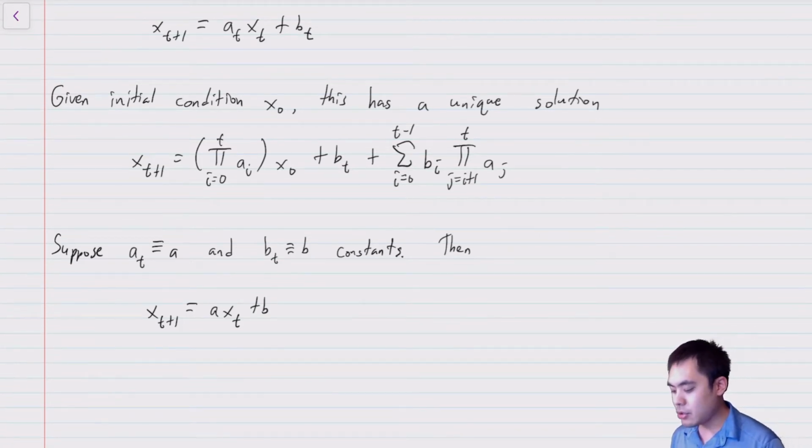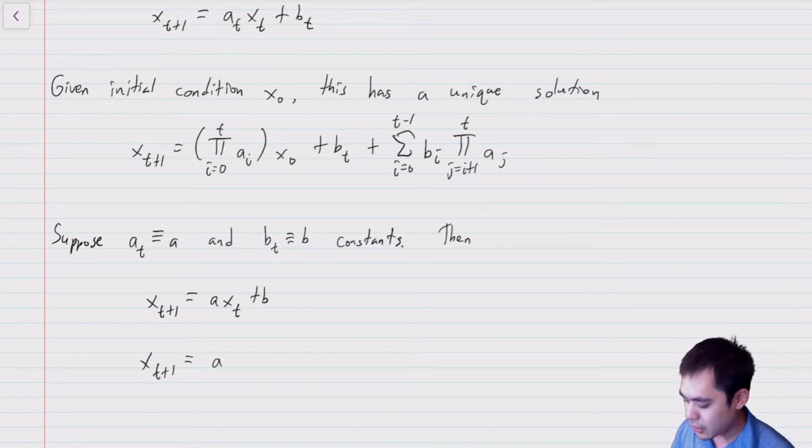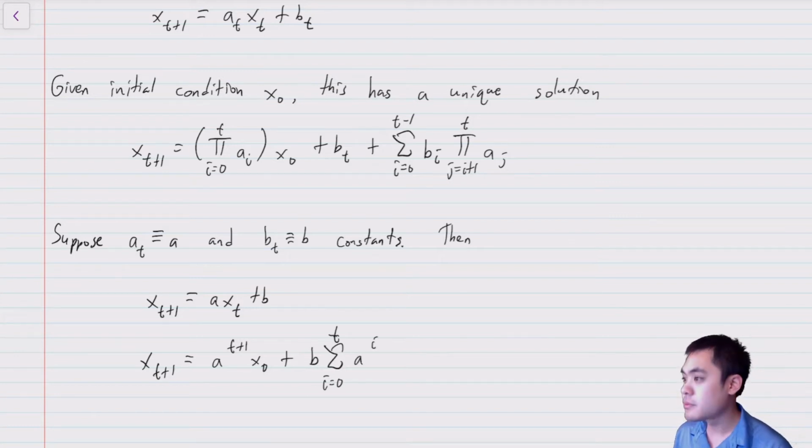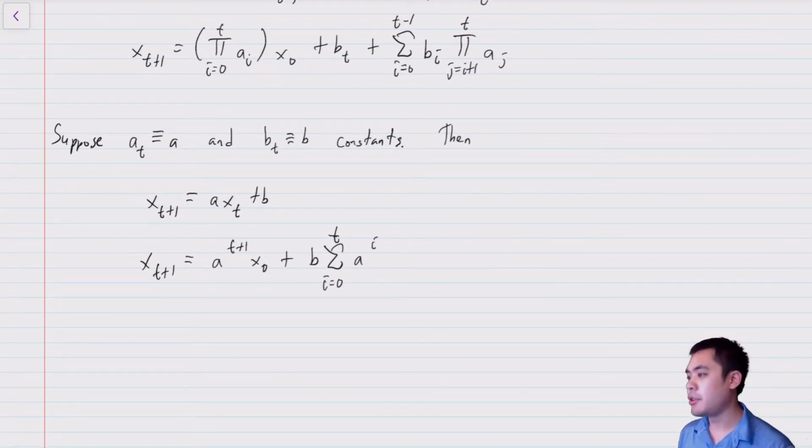And plugging that back into our solution, we get a geometric series, and so x sub t plus 1 is equal to a to the t plus 1 x naught plus b times the sum over i equals 0 to t of a to the i. And of course, this has different values depending on whether or not a is equal to 1.